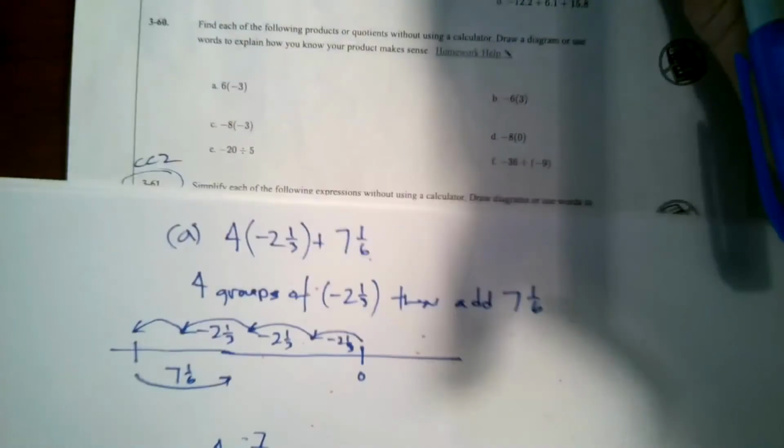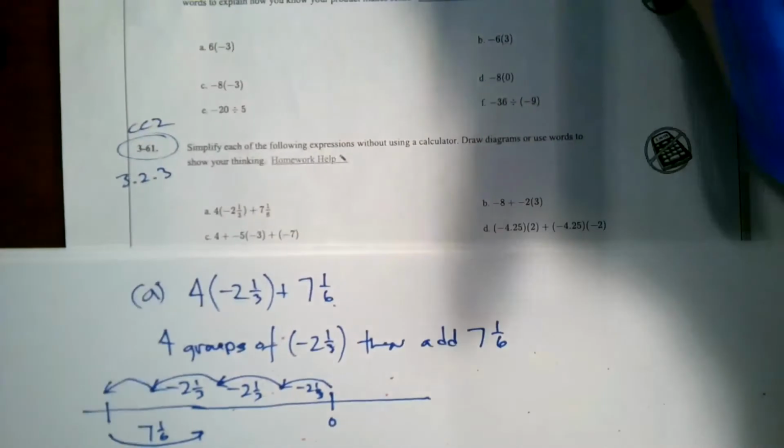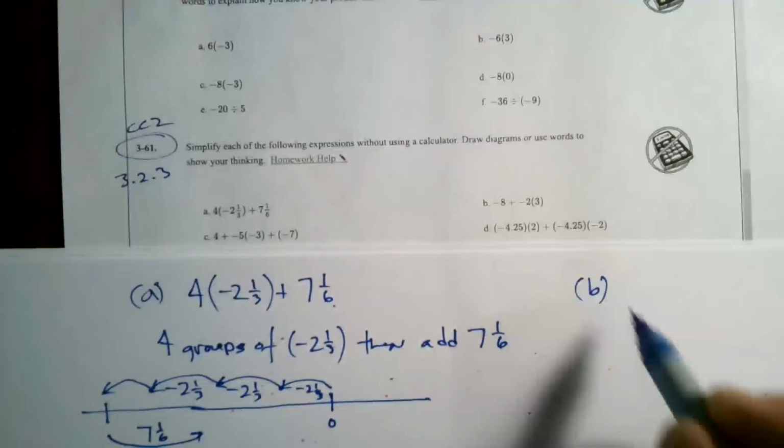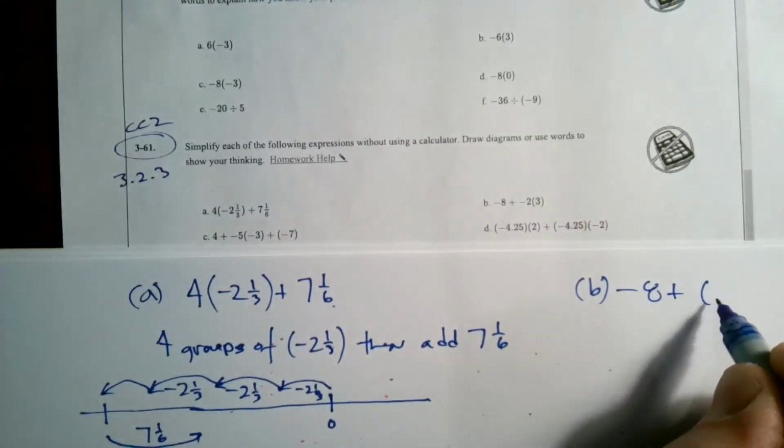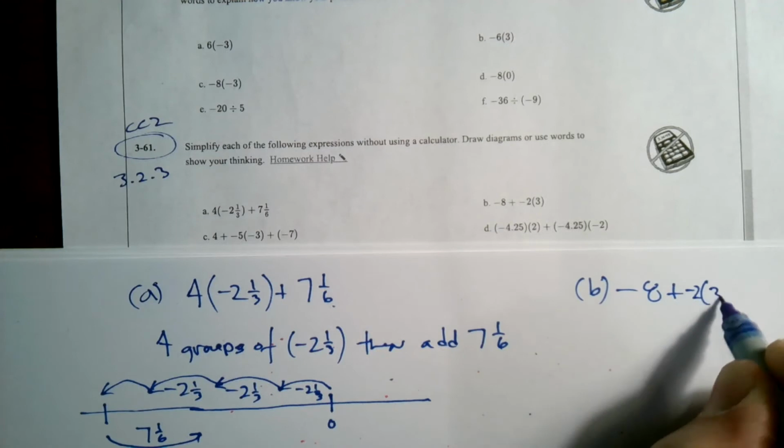Let's look at B real quick. B is -8 plus -2 times 3.